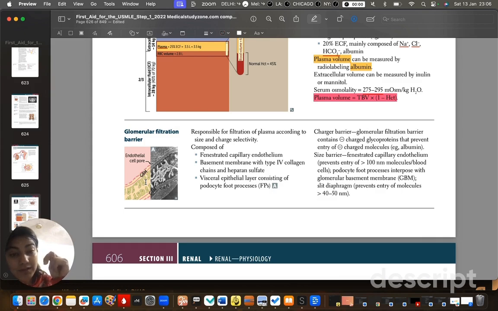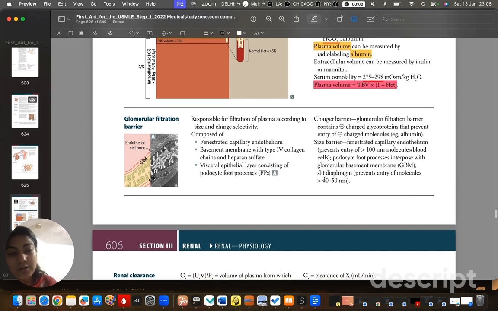So the gap between these is even smaller. They're like slit diaphragms. So only molecules less than 40 to 50 nanometers can seep through with a negative charge. Sorry, with a positive charge. I just messed that up.